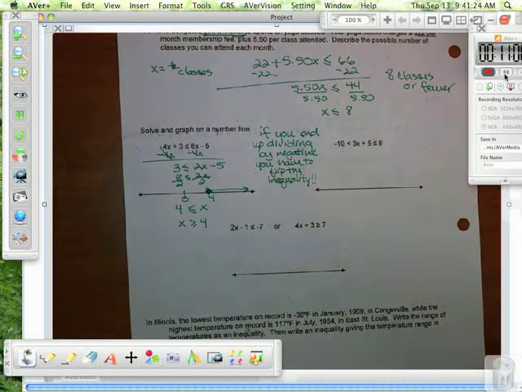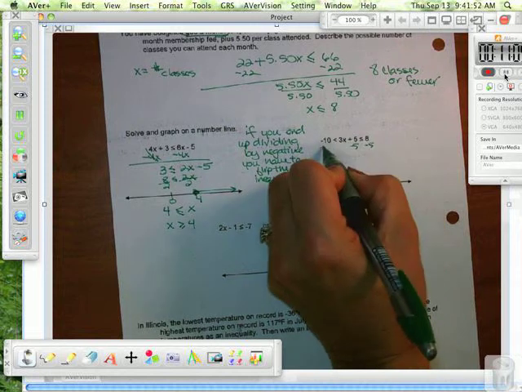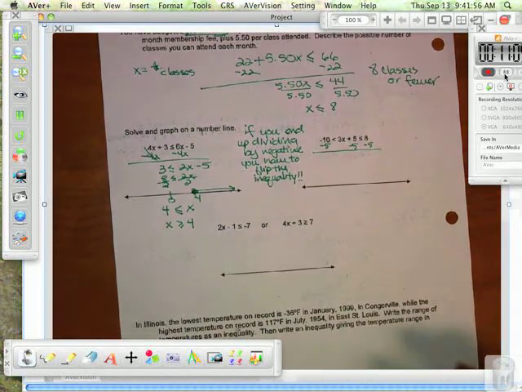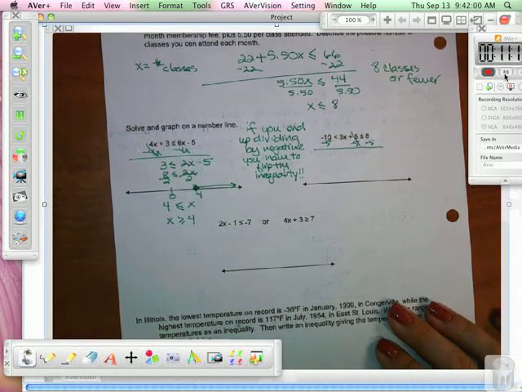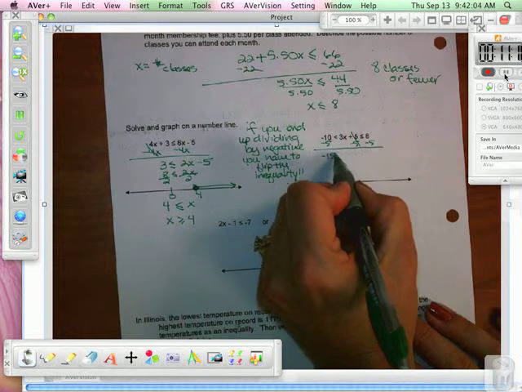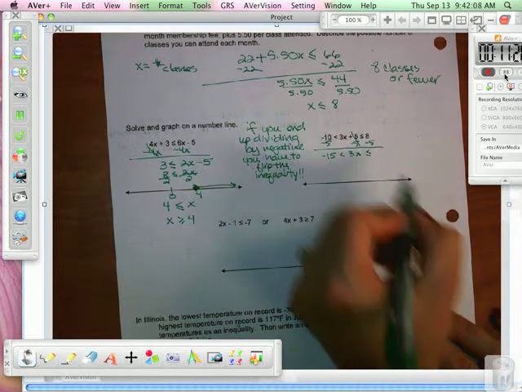Okay. Subtract 5 from both sides. See that? You got to subtract 5 from both sides. So we have -10 take away 5 is -15 is less than 3x, which is less than or equal to 3.